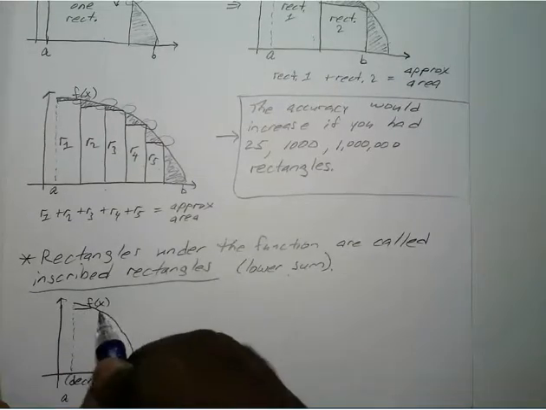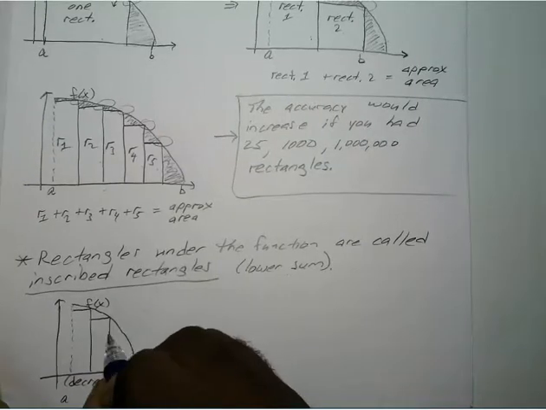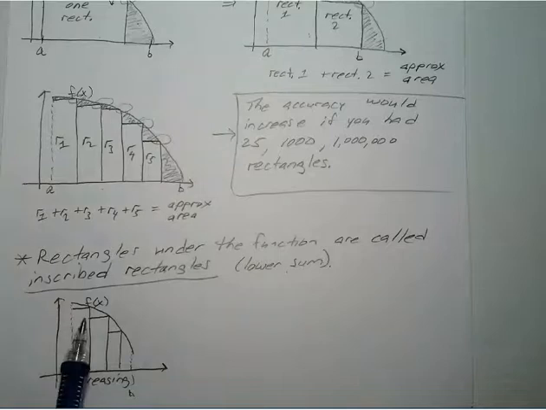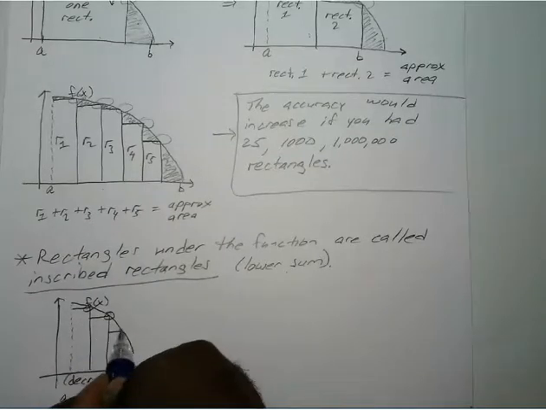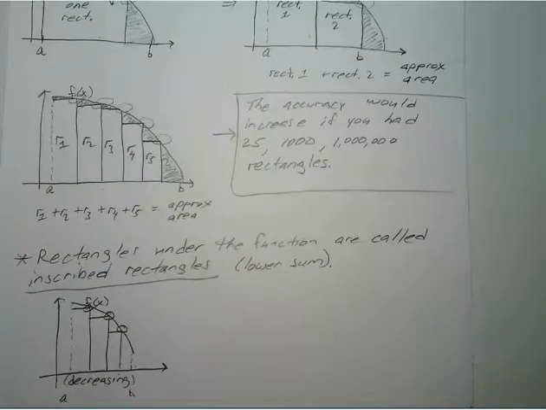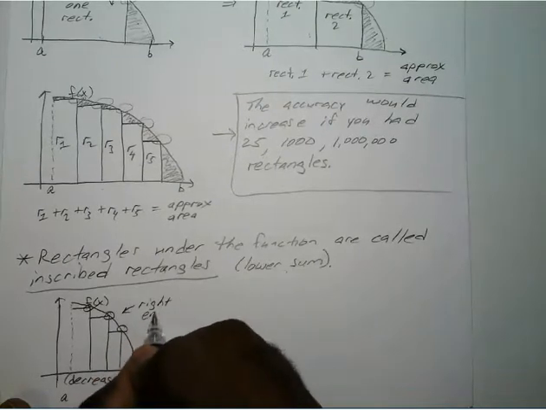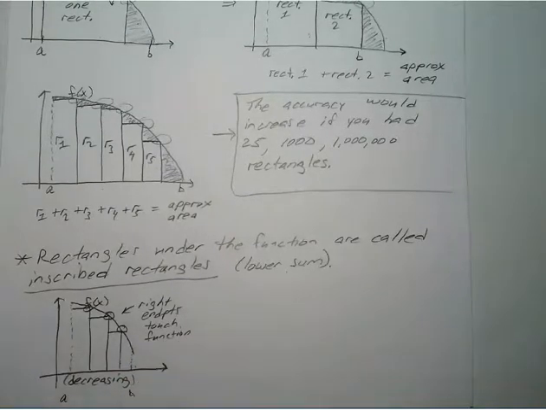And if we have our inscribed rectangles, then you see for all of your inscribed rectangles, when the function is decreasing, the right endpoints are actually the ones touching the function. So your right endpoints touch the function.